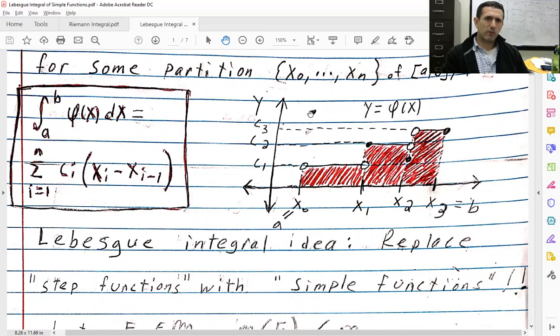But phi of x being this one here, let's say, and this one here, phi of x is this y value at x0. The singleton x0 has measure 0. Singleton x2 has measure 0. So there's no contribution to the sum here.